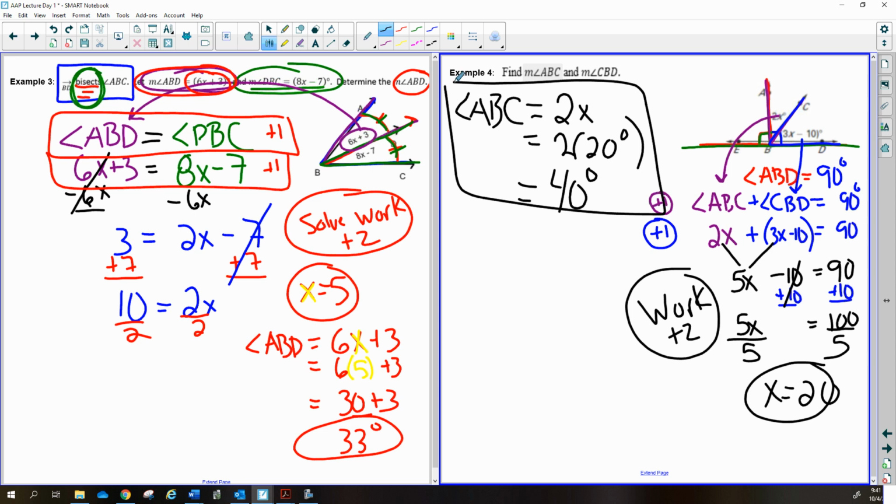If I want to come up with the blue part over here, angle CBD, I know CBD is 3x minus 10. Plug in the 20 again for the x.